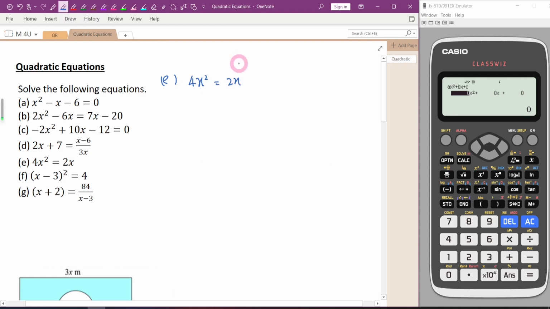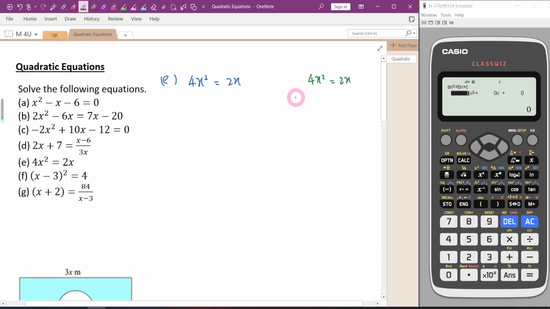Okay, so this one you need to be more careful. If you do it this way, you are not able to get all the answers. So let's say I divide both sides by 2x. Let me write here. 4x squared equals 2x.